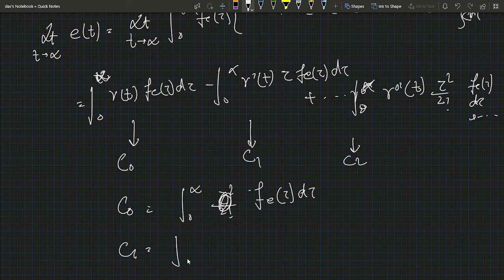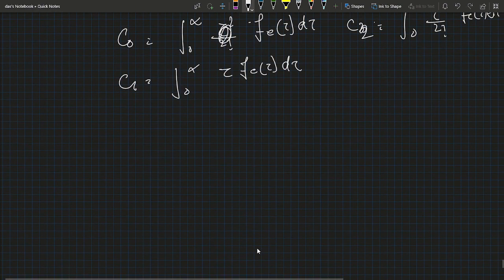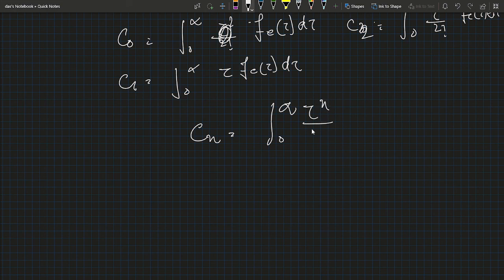What is c1? The integral from 0 to infinity of tau f_e(tau) d tau. What is the value of c2? The integral from 0 to infinity of tau square by 2 factorial f_e(tau) d tau, just taking from this part. And the generalized expression is cn equals the integral from 0 to infinity of tau to the power n by n factorial f_e(tau) d tau.